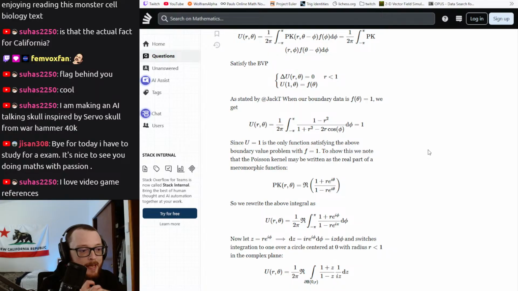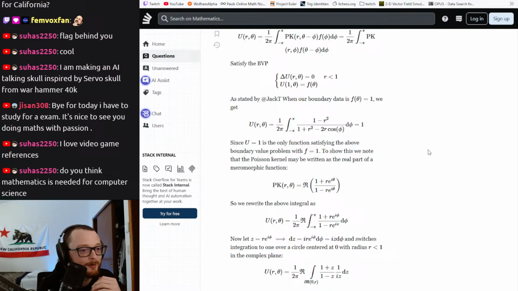He related the macroscopic, or I guess the larger scale cell behavior, to the smaller scale behavior inside of each particular cell, all in one set of differential equations.